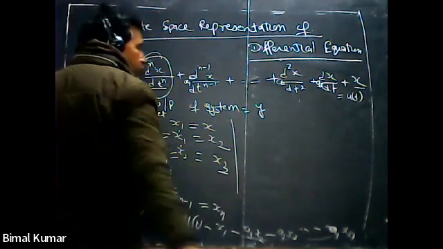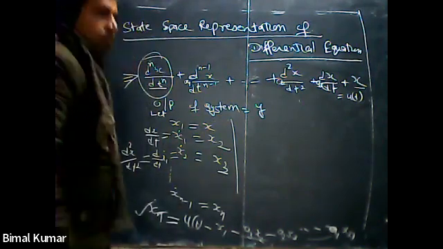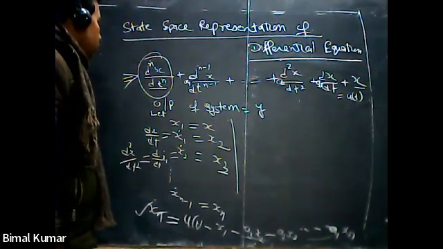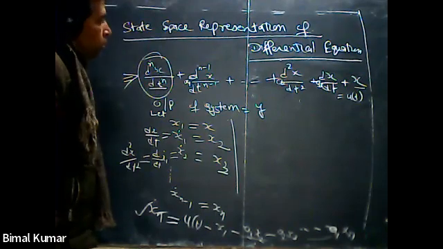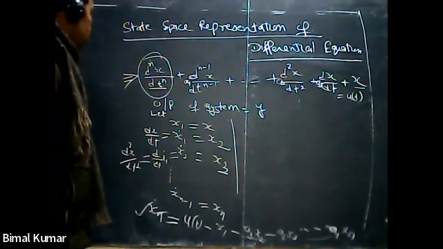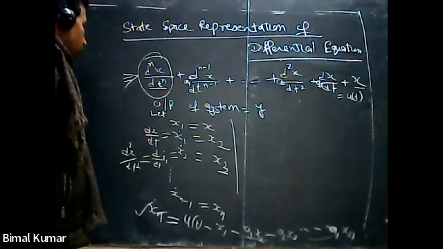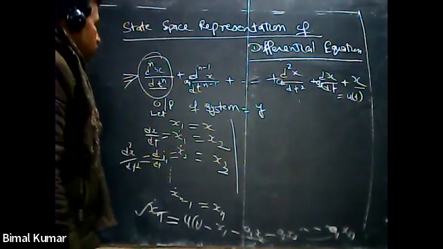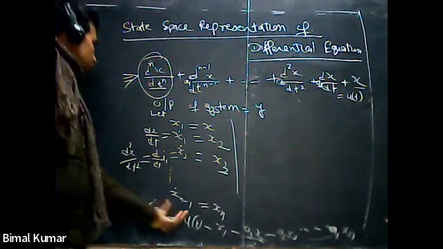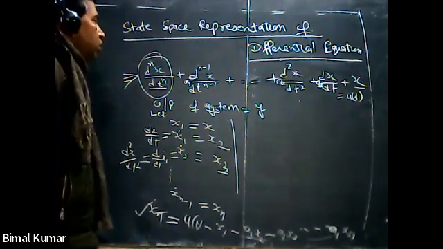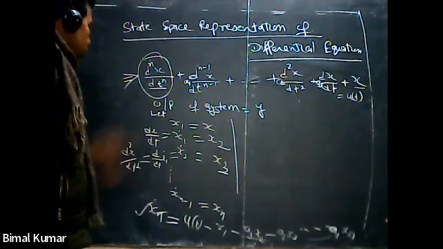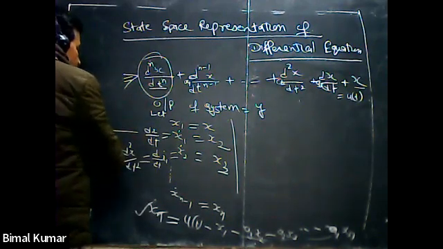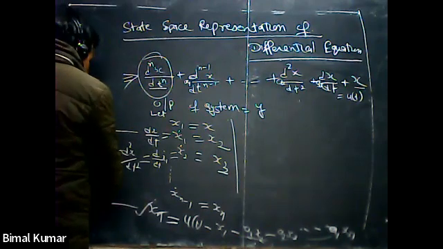So if the order of the differential equation is n, then we have n number of x1 dot, x2 dot, x3 dot, and so on up to xn dot, right? In addition to that, here it will be u(t). So these equations, let us say the x1 dot equation will be considered as equation 1, equation 2, and so on up to equation n.